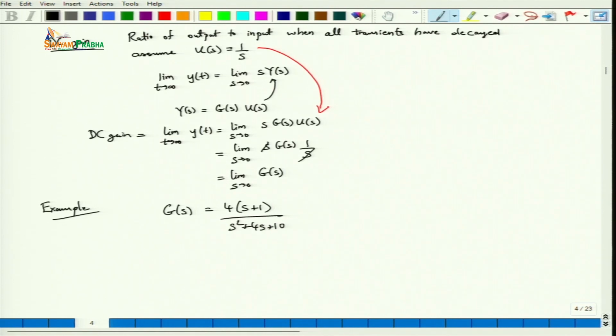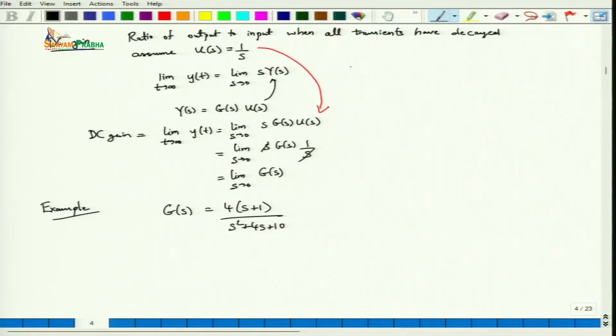The first thing you need to check is whether this system is stable, because as we saw when we discussed the final value theorem in the last class, the condition was that the system should be stable, or basically have poles in the left half plane.